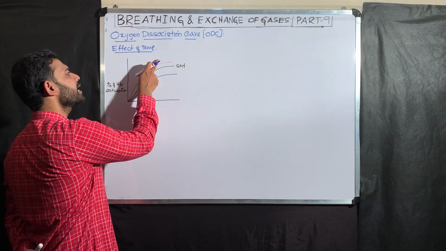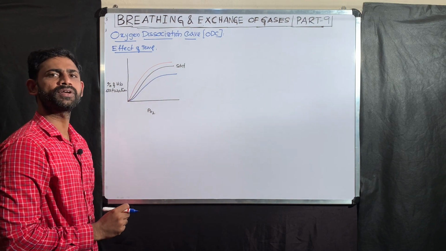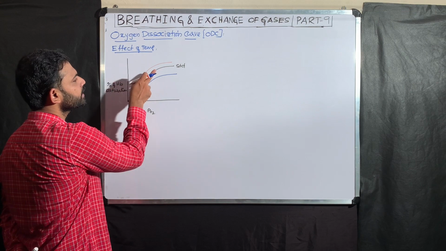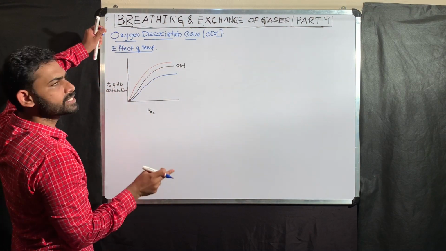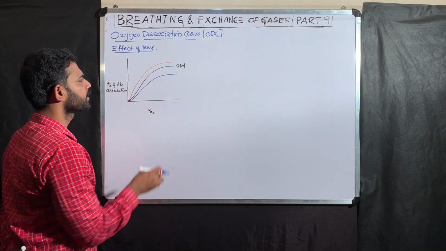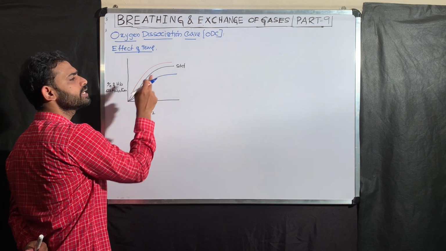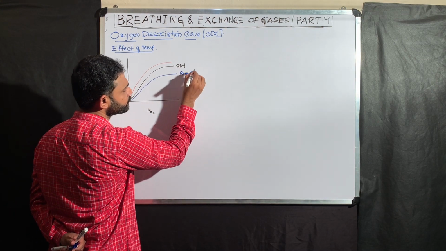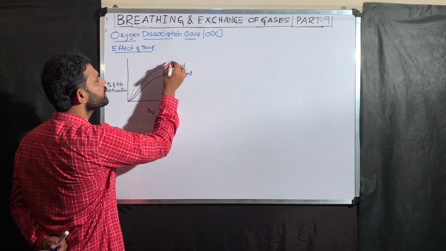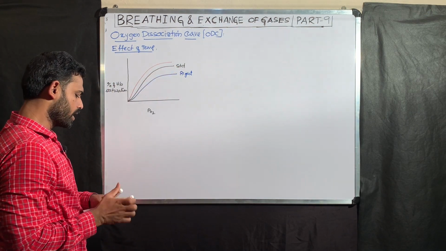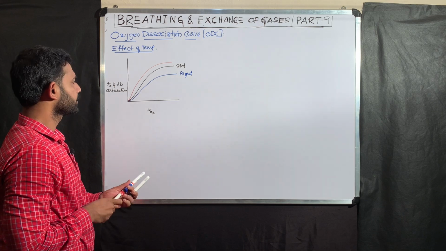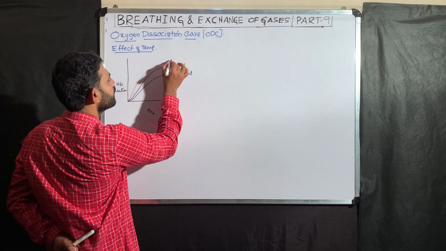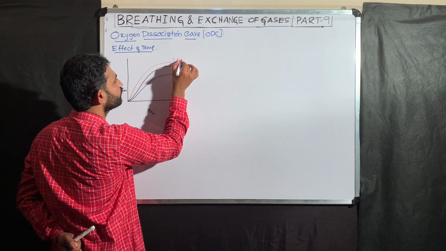This right one, is it a left shift or right shift? Definitely this is the standard ODC. This is a left shift. This blue one is a right shift from the standard ODC. This red one is the left shift. Okay, now you are following.